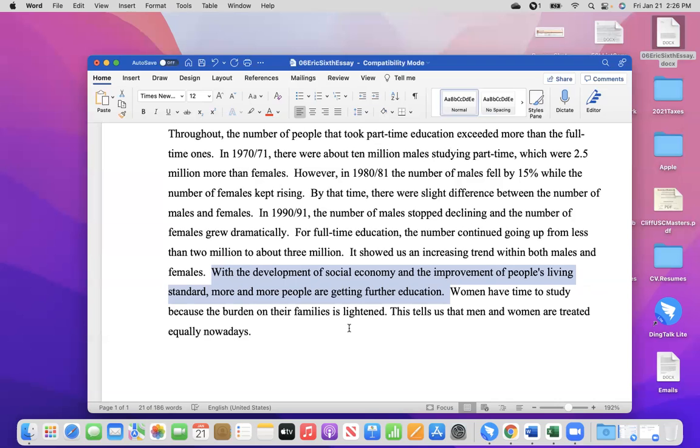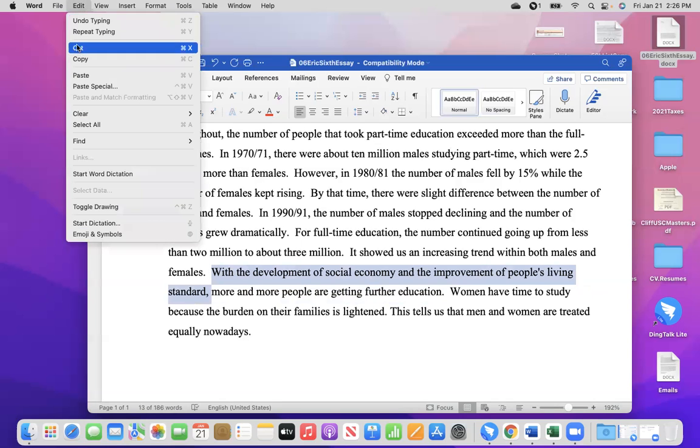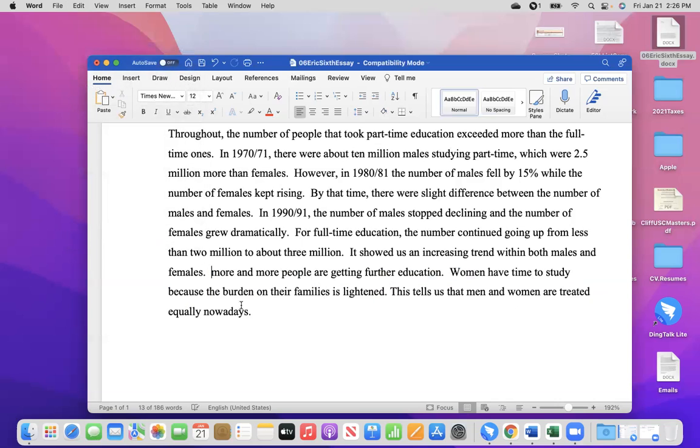So I think for the front part, I wouldn't change, and then I would change more and more people are getting further education to more and more people are getting further education now. How does this sound? How about you just switch it.